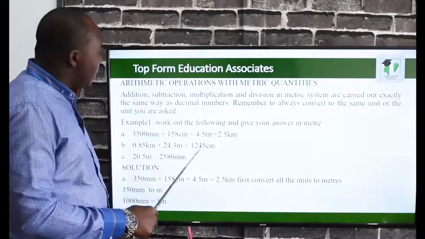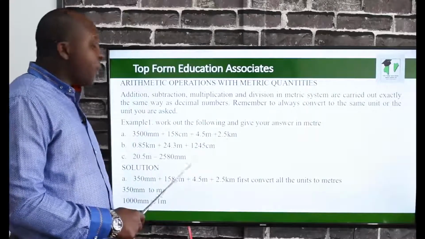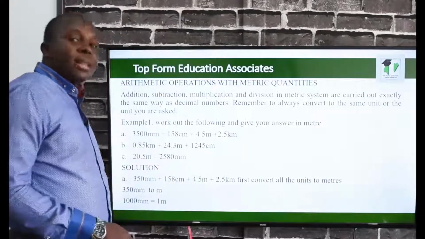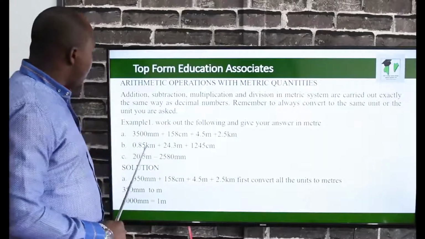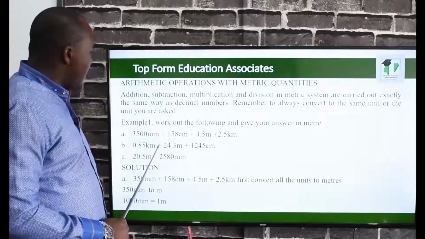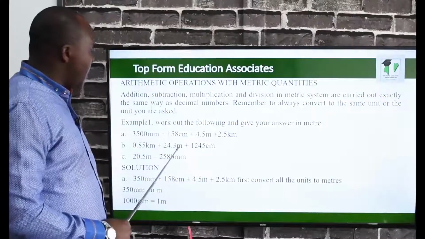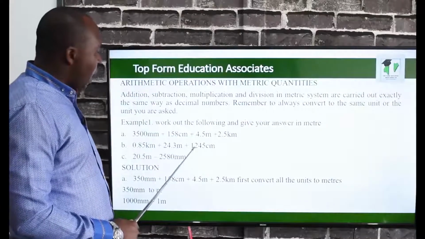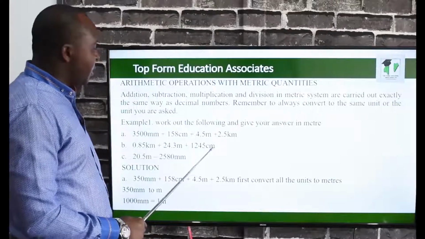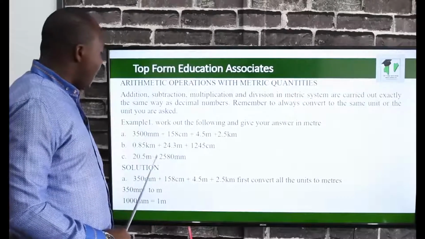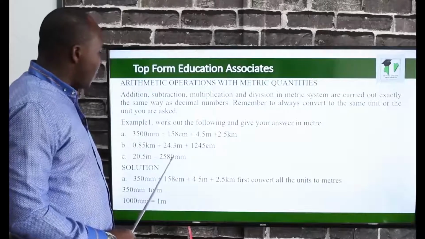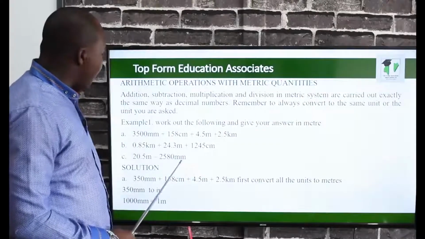All the units are not the same, so the first thing for us to do is to convert them to the same unit. B is 0.85 kilometer plus 24.3 meters plus 1248 centimeters. C, 20.5 meters minus 2580 millimeters.